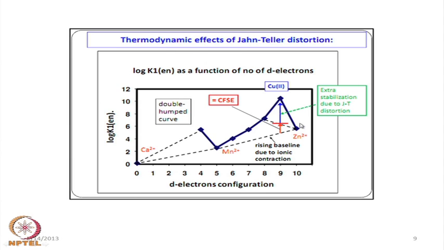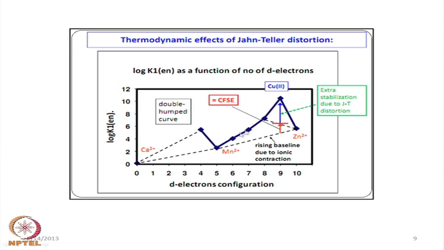The thermodynamic effect that we will see afterwards is the binding of ethylenediamine to all these metal ions, starting from the main group element calcium, to scandium, titanium, vanadium, chromium, manganese. Here we can get the corresponding double humped curve. These double humped curves are also very useful for the metal oxygen bond in the solid state, which we will discuss afterwards.